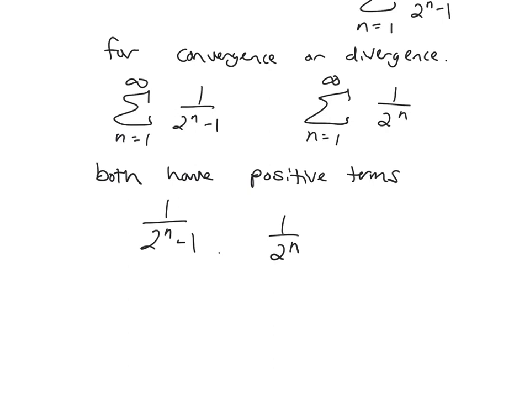Just leave this as a question mark and fill it in. If I cross multiply, I get 2 to the n over here and 2 to the n minus 1. Which one of those numbers is larger? 2 to the n, because the other one I've subtracted by 1. So I can fill in my question mark. The one on the left is larger.